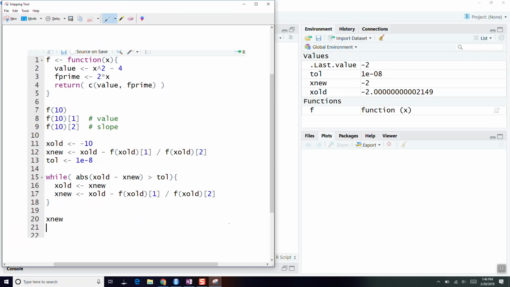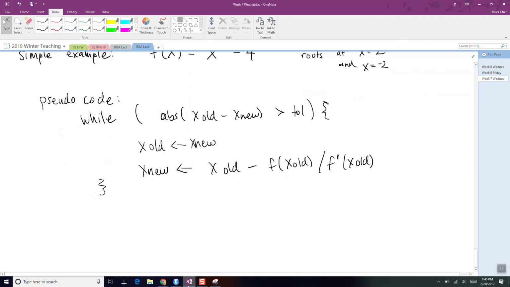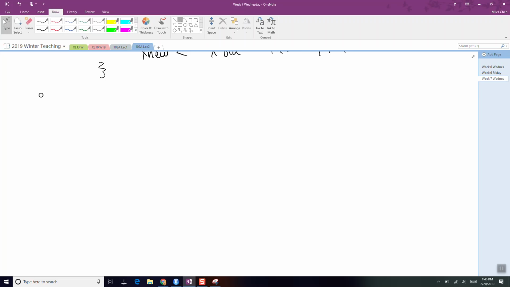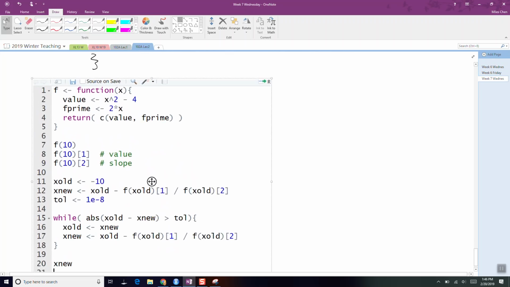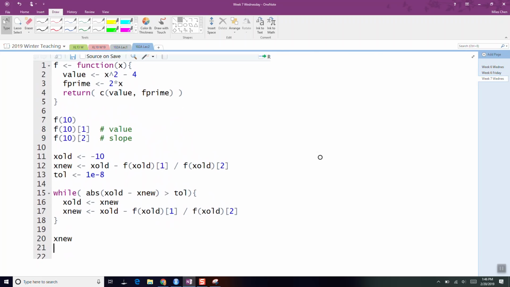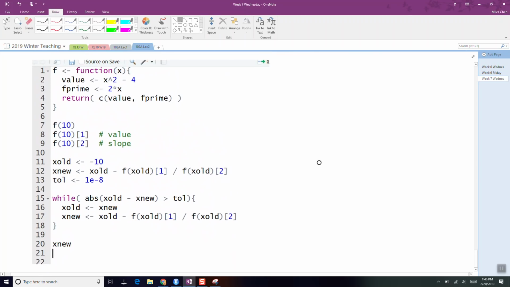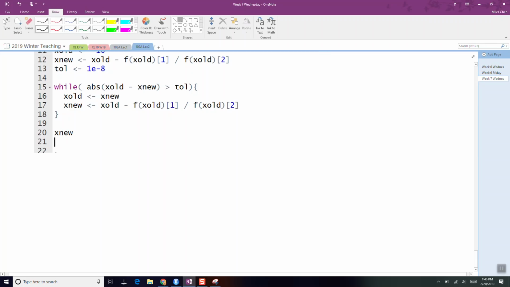Go ahead and I'll copy that into your notes. Okay, so there it is. Different starting locations can converge to different roots.